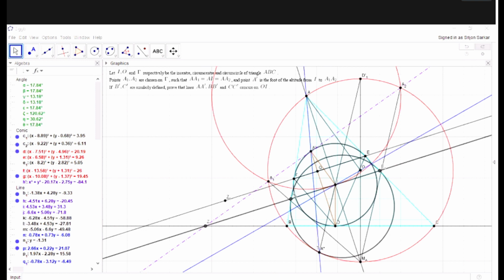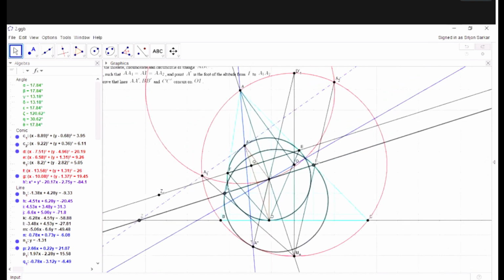Okay, so the Poncelet theorem I was talking about, it states that, see, here you have triangle ABC.